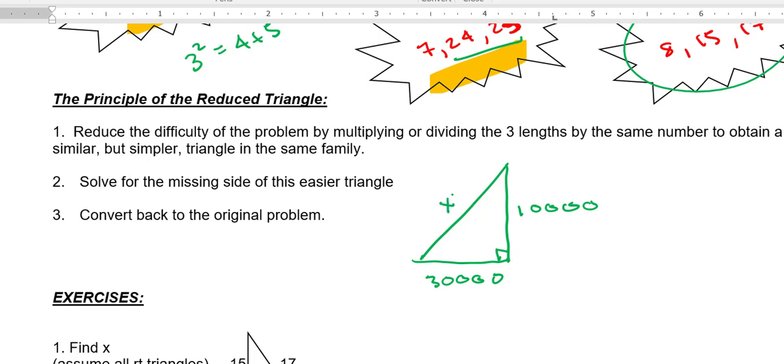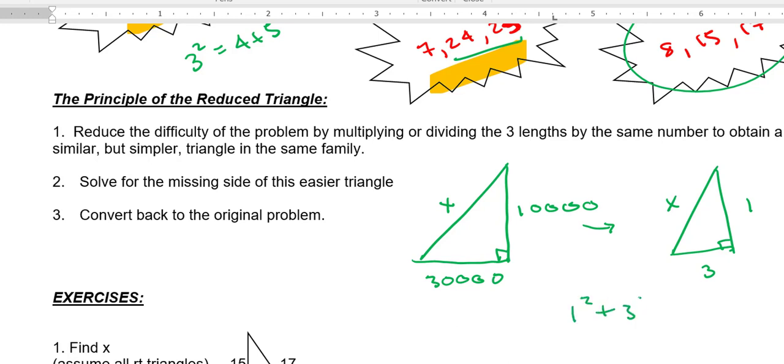I could always put this in the Pythagorean theorem, do 10,000 squared plus 30,000 squared equals x squared. Or what I can do is reduce this triangle down by dividing it all down by 10,000. And so I'm going to end up with a 1, 3, x triangle. And now I can easily do this.